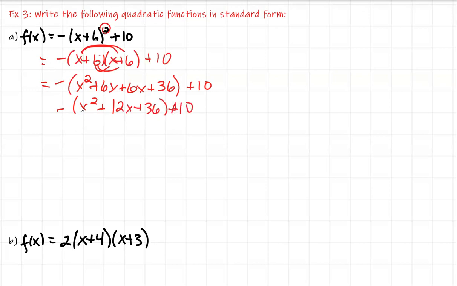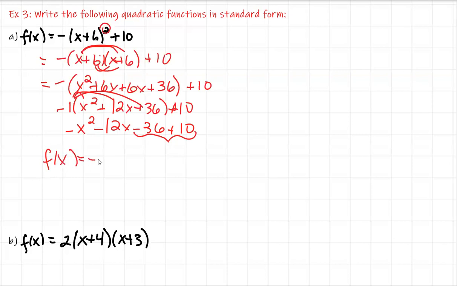Now this negative out in front, that's like a negative 1, so I can distribute that to everything on the inside. So I get negative x squared minus 12x minus 36 plus 10, and my last step here is to combine my like terms. So I get f of x is equal to negative x squared minus 12x.